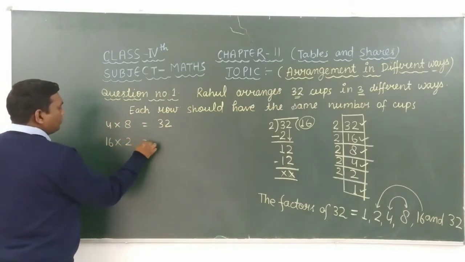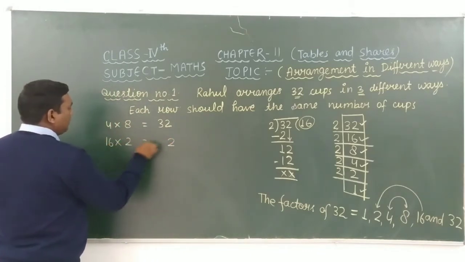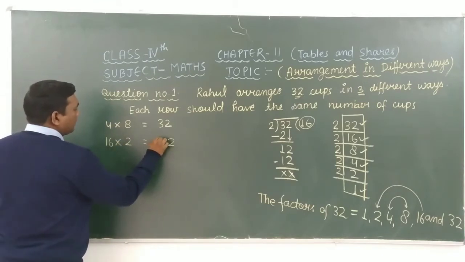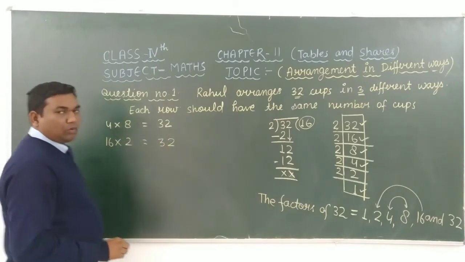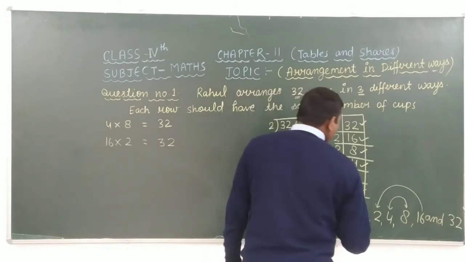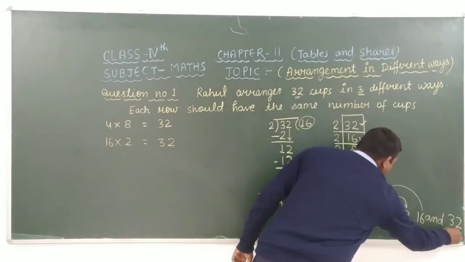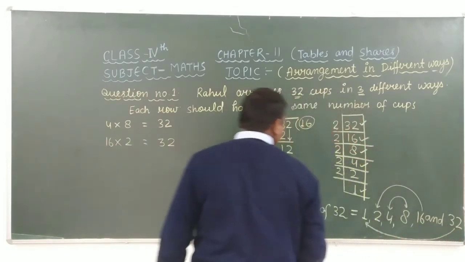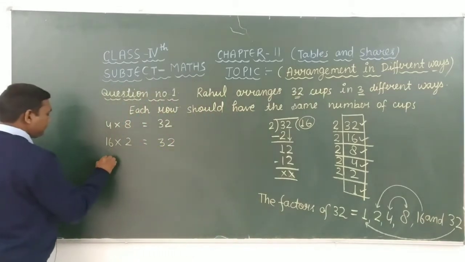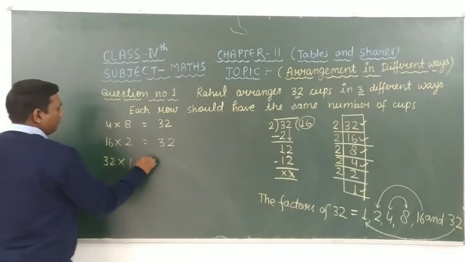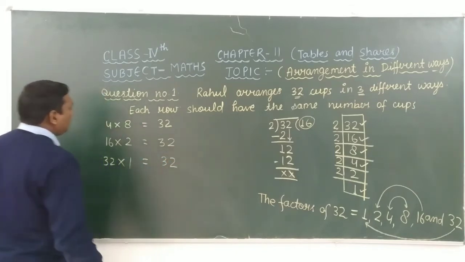2 6 are 12 and 2 1 are 2, plus 1 is 3, so 32. Similarly, if we take the multiplication of 32 and 1, then we get 32 1 are 32.